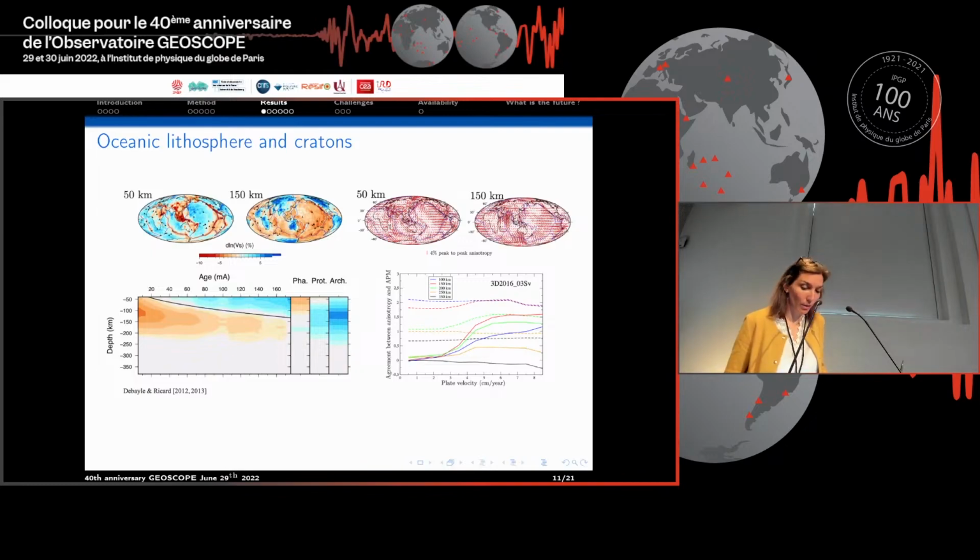When you do that, what you can see in the curve on the bottom right is an alignment of this anisotropy with the APM, the absolute plate motion, for fast-moving plates, so basically plates moving faster than 4 centimeters per year.